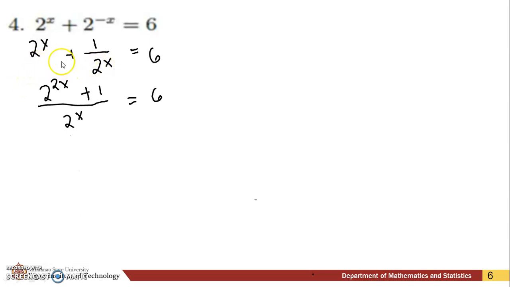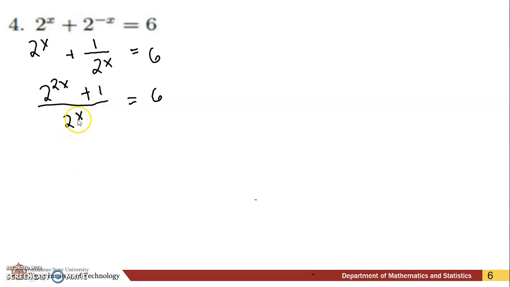We can take 2 to the x as our LCD. So you have 2 to the x times 2 to the x, which gives us an exponent of x plus x, so you have 2x plus 1.